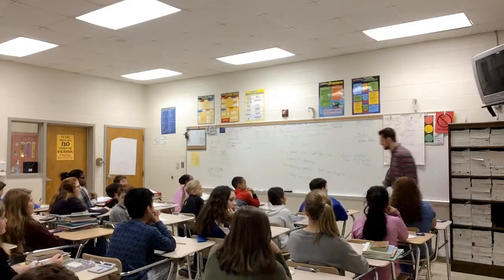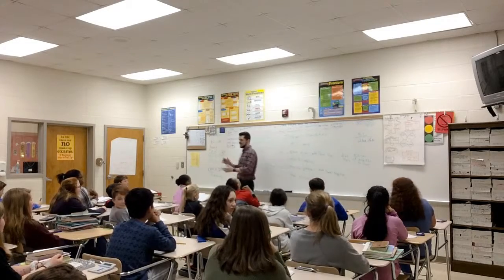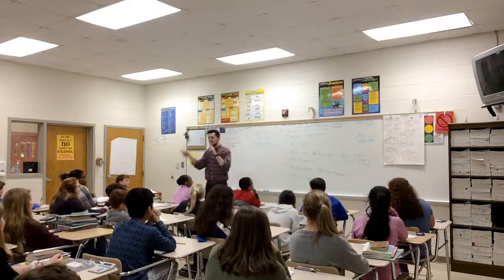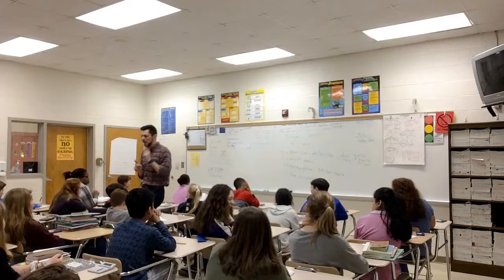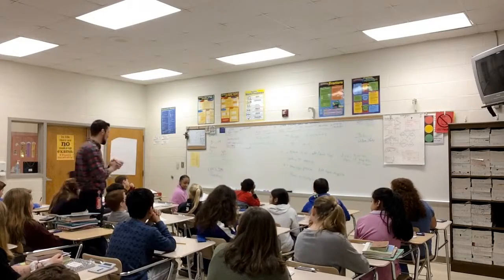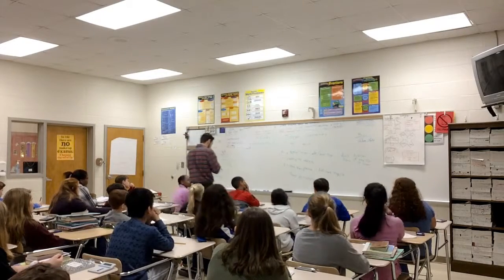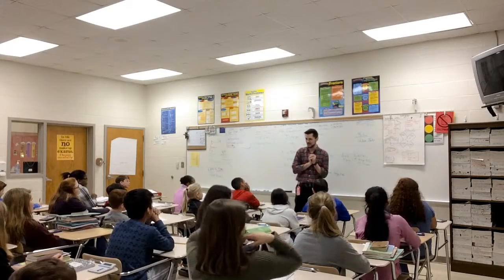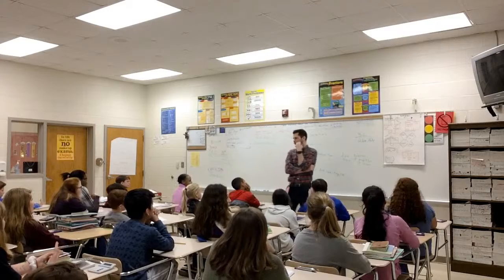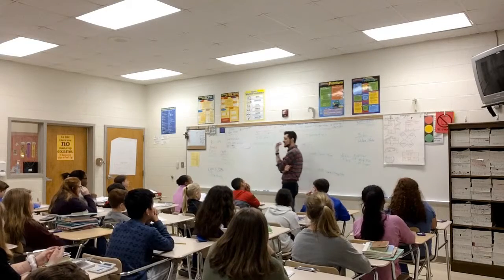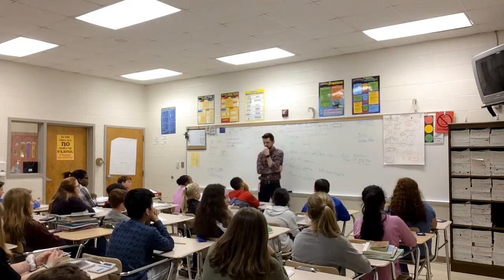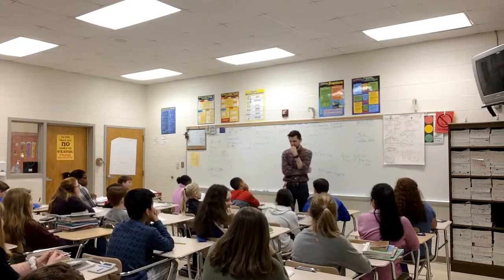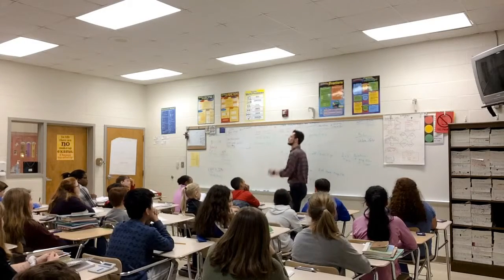All right, so now that we've got our rules up there, let's talk about some key words that will be popping up in our word problems. Okay, so I'm going to say a word, and you're going to tell me whether it's positive or negative. Okay, let's try this. Descend. Negative. Good. Ascend. Positive.